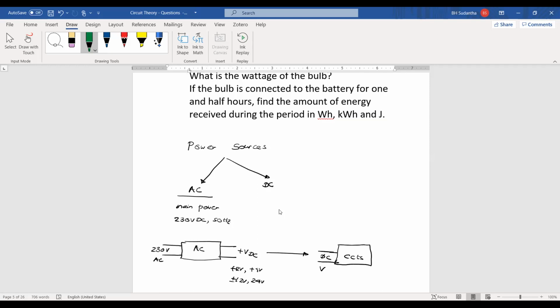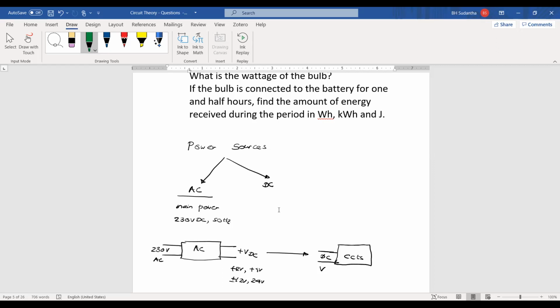That's how most of the time, 95 to 99% of the devices and circuits work with DC voltages: your mobile phone, the radio circuit, the remote control circuit, or, for example, the washing machine controller, the air conditioner controller, controllers we have as a user interface.